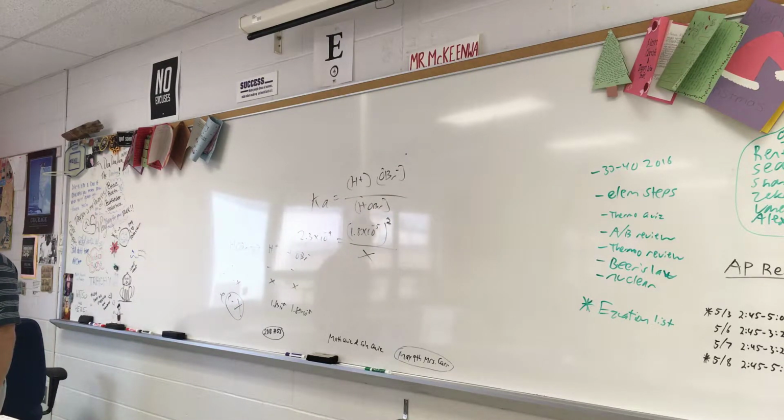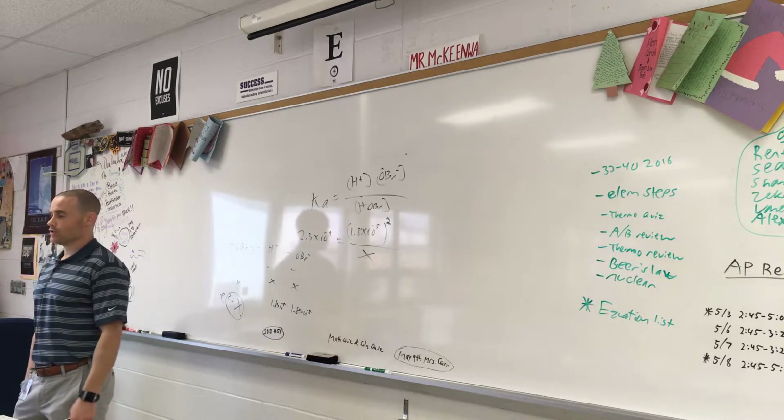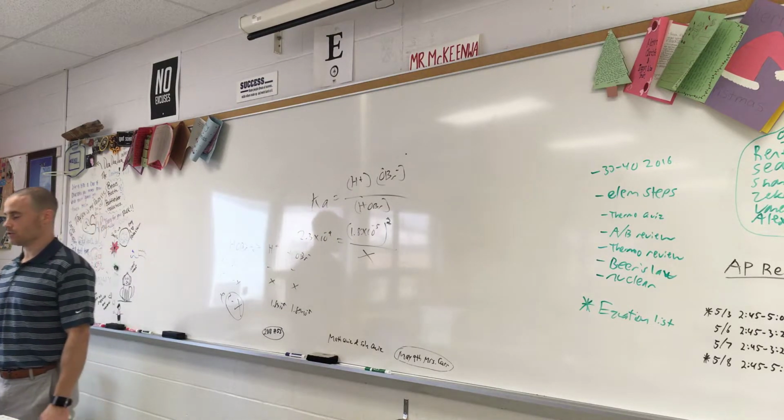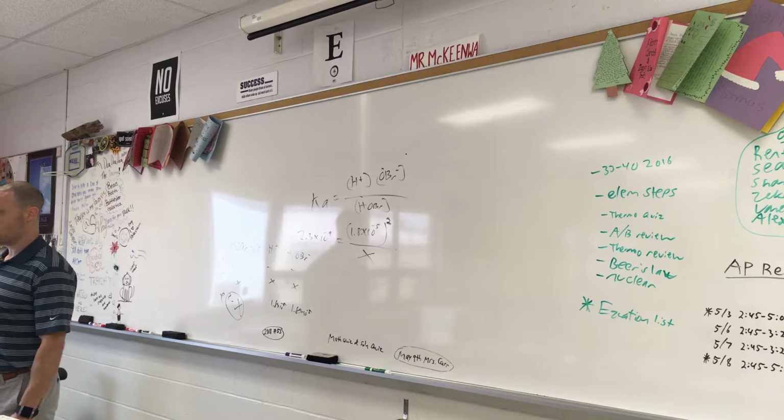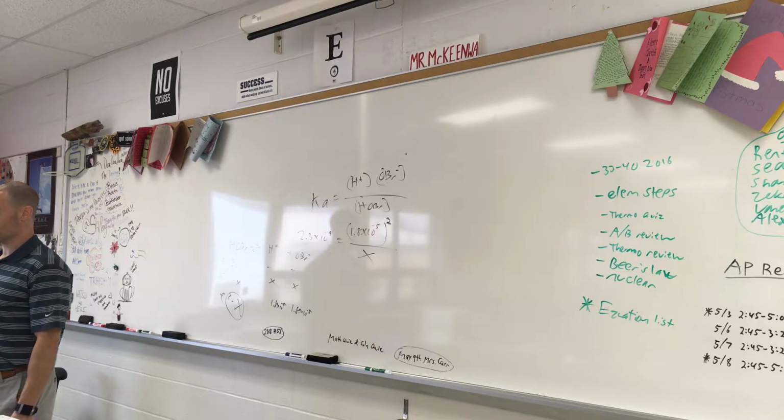Alright, part C. A solution of barium hydroxide is titrated into a solution of HOBr. Calculate the volume of 0.115 molar barium hydroxide at the equivalence point when titrated into 65 milliliters of 0.146 molar HOBr.